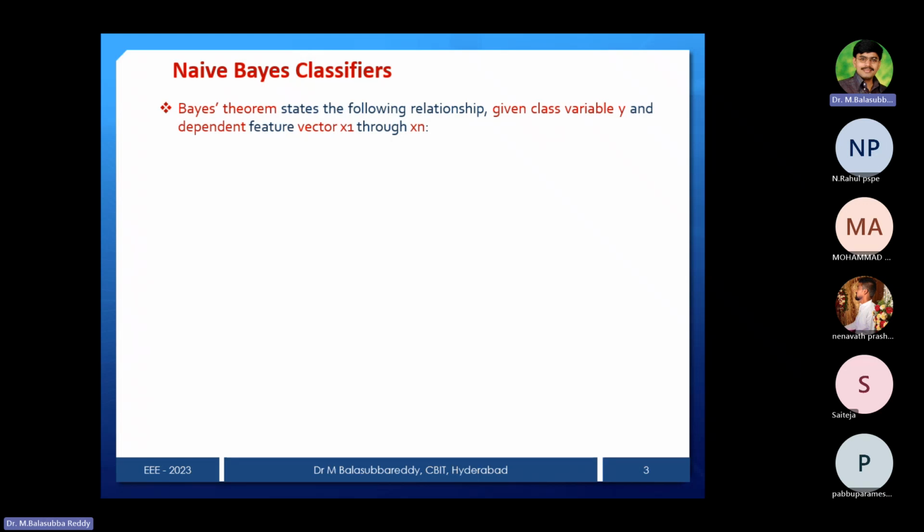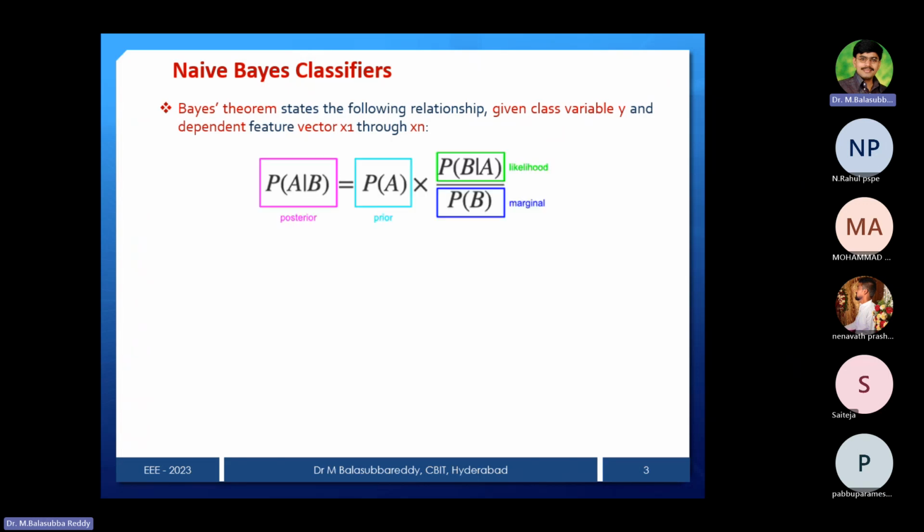It depends on the features, like what we discussed in the previous slide, a mango and an apple, which we divided based on color, shape, and taste. Similarly, here the output variable is y and the dependent features are the variables x1, x2, x3 and so on up to xn. Based on these variables you are dividing.